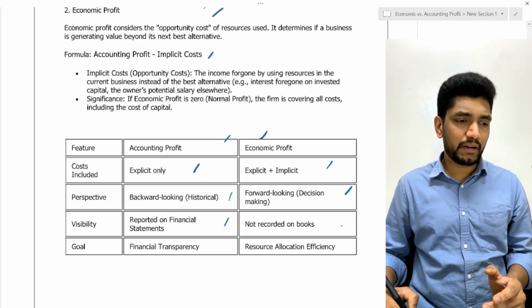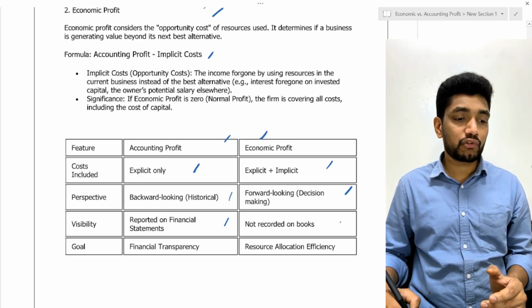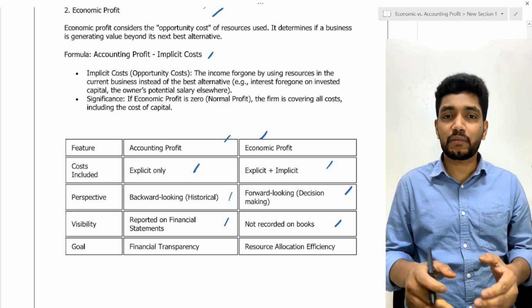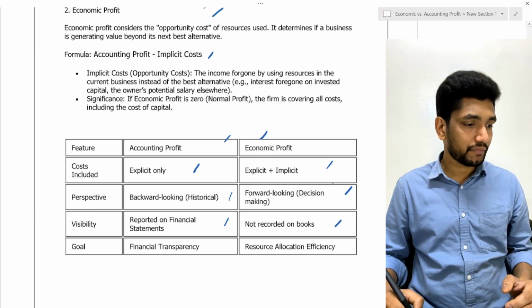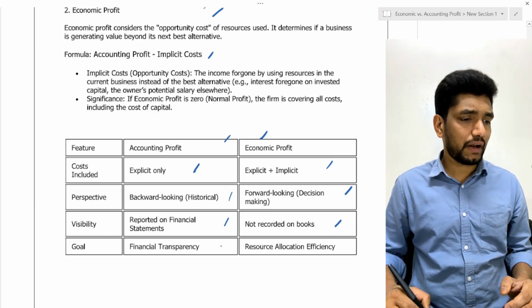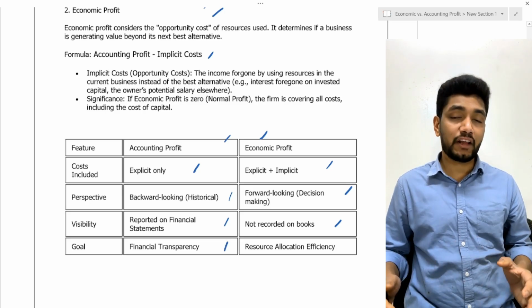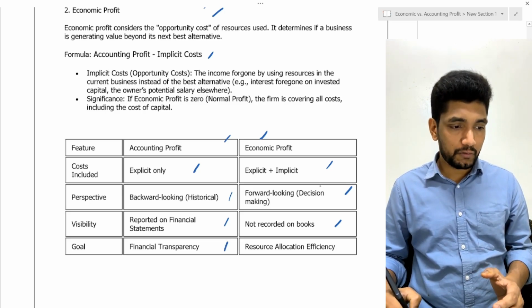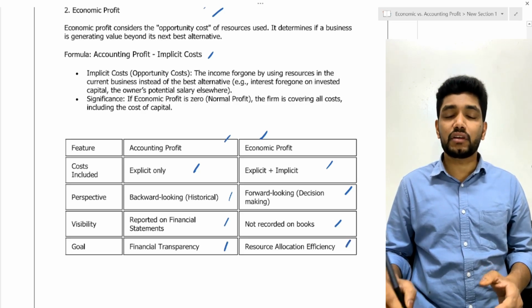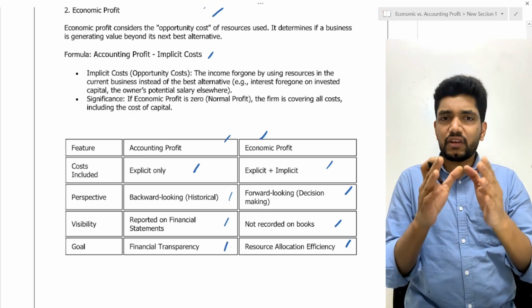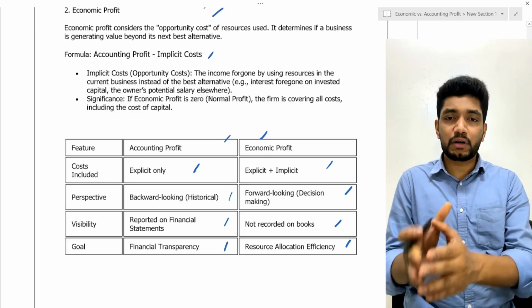But normally the economic profit is not recorded in the company's books of account like the income statement and balance sheet. The goal of accounting profit is to ensure financial transparency, but the goal of economic profit is to ensure resource allocation efficiency. So these are the two concepts, accounting profit and economic profit.